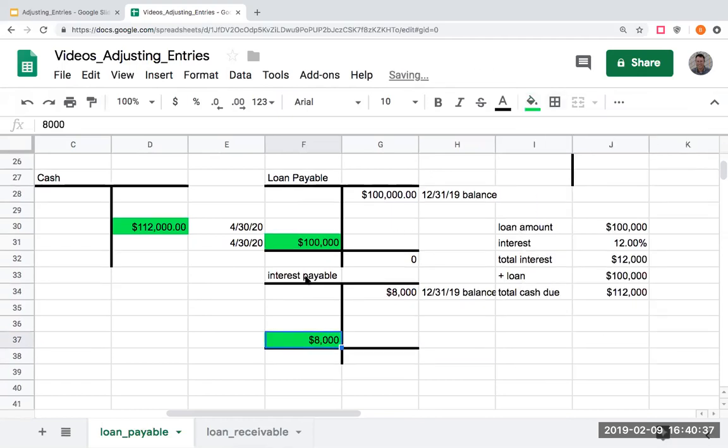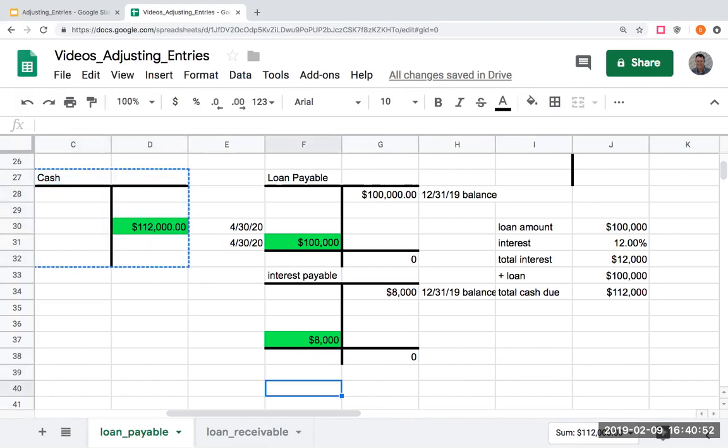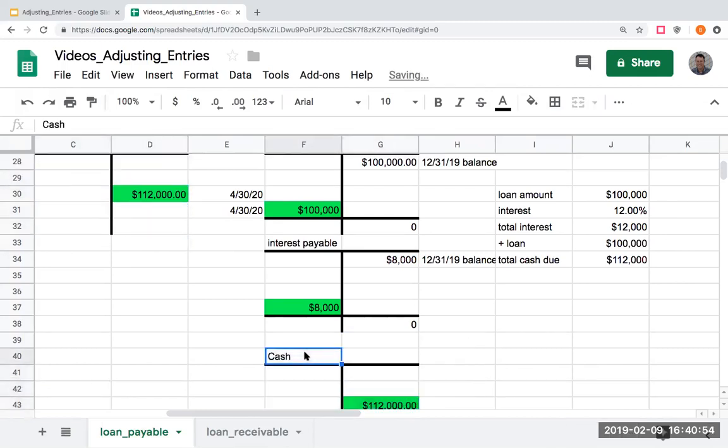And so I kind of come to a problem because whenever I'm doing a transaction, my total debits have to equal my total credits. What am I missing here in 2020? Well, what I'm missing here in 2020 is interest expense.